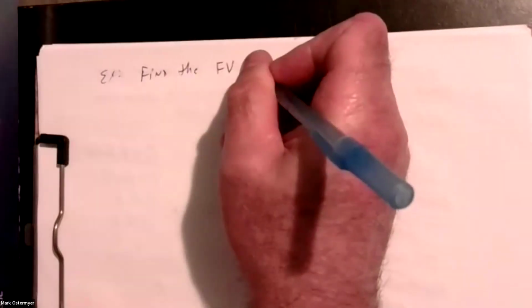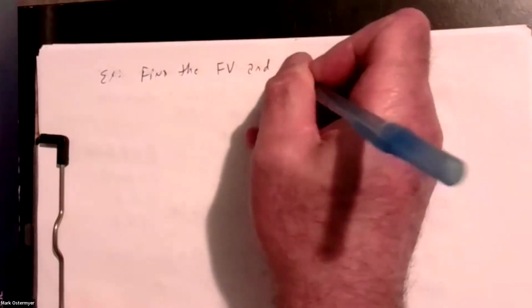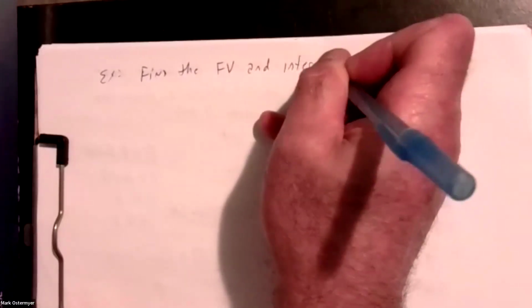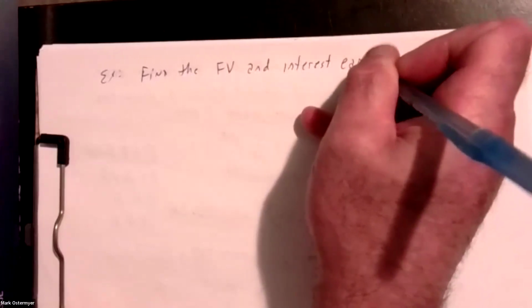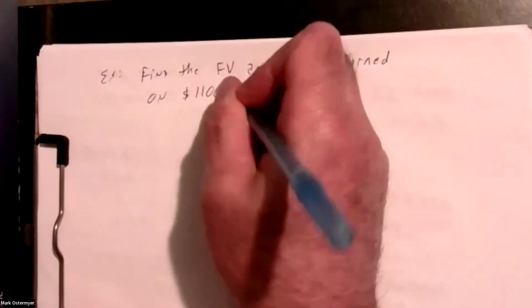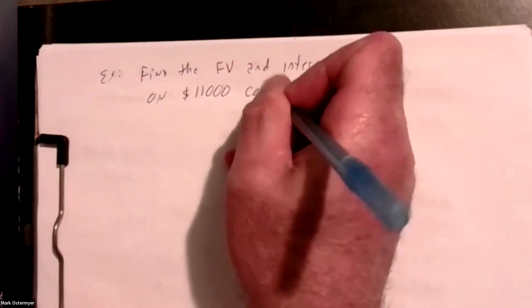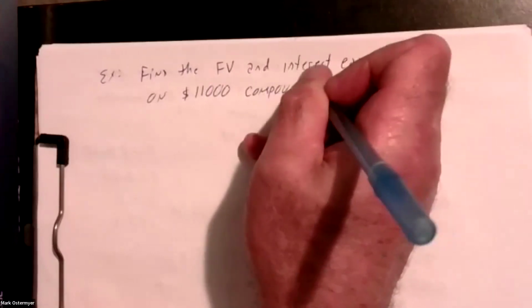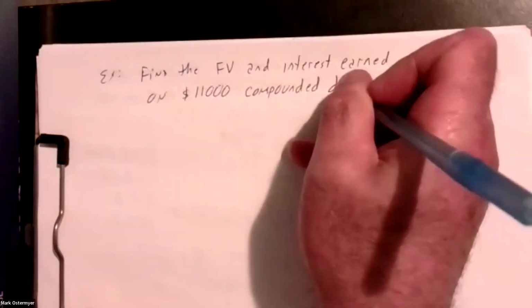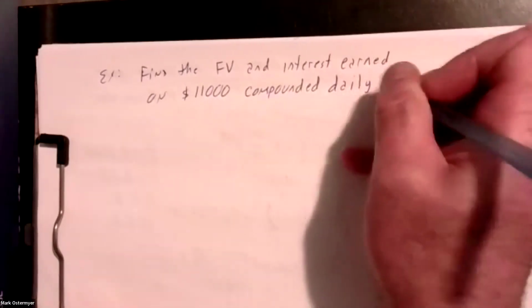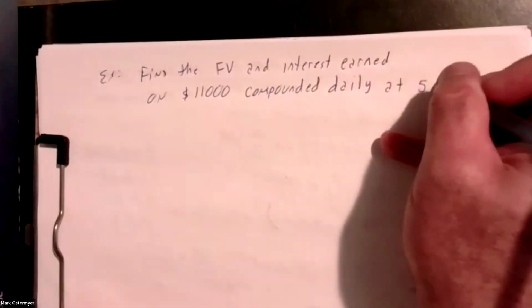Suppose you want to find the future value and interest earned on $11,000 compounded daily at 5%.